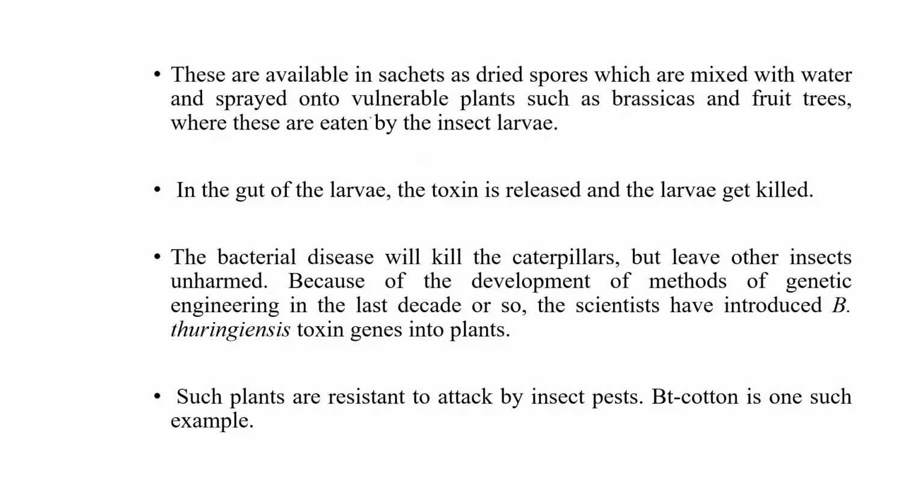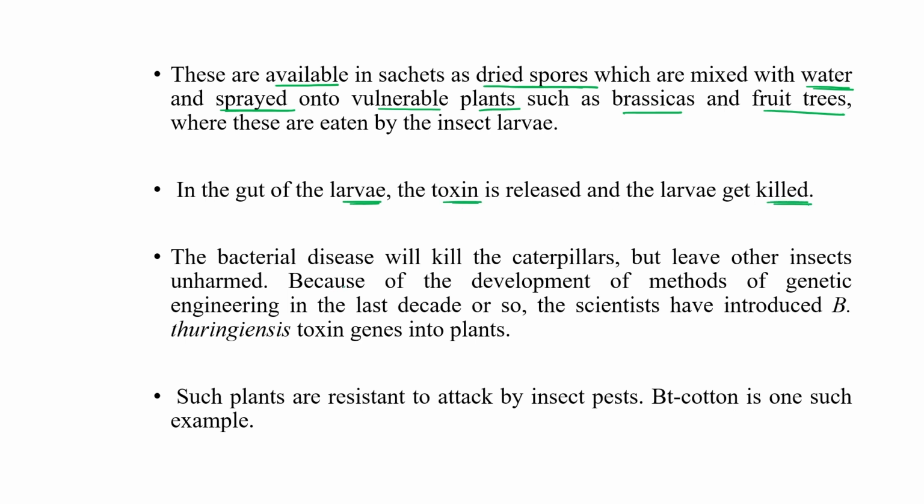These bacteria are available in sachets as dry spores, and the farmer just mixes the contents of the sachet with water and sprays that solution on valuable plants such as brassica and some fruit trees, where they are eaten by the insect larvae. In the gut of the larva, the toxin is released and the larva gets killed.